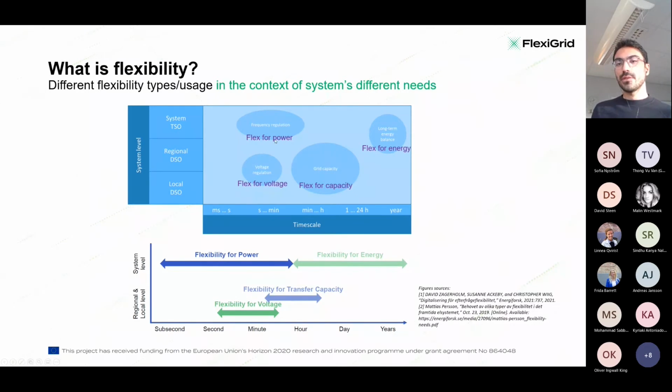Maybe it's all just definitions, but to make sure we have the same definitions: flexibility for frequency regulation, we can call it flex for power. Using flexibility for capacity can come here, and also using flexibility for voltage. I hope that makes sense. It helped me understand better what we mean by flexibility in different contexts.